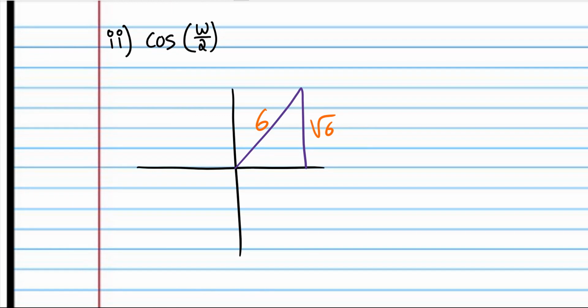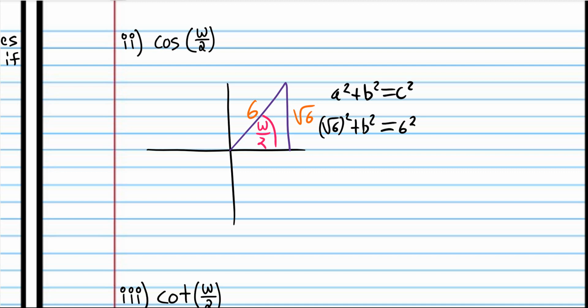And this angle is going to be omega over 2. So now we can use the Pythagorean theorem to find the missing side. And so when we do the math, we come up with plus or minus root 30.